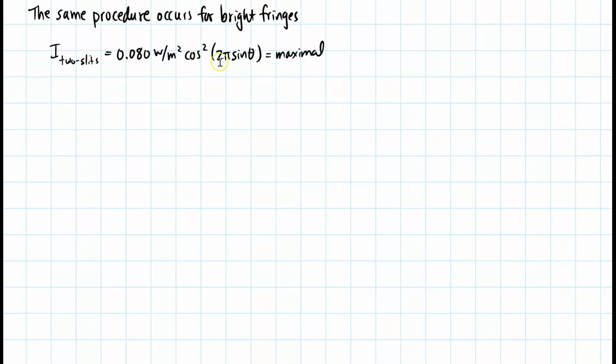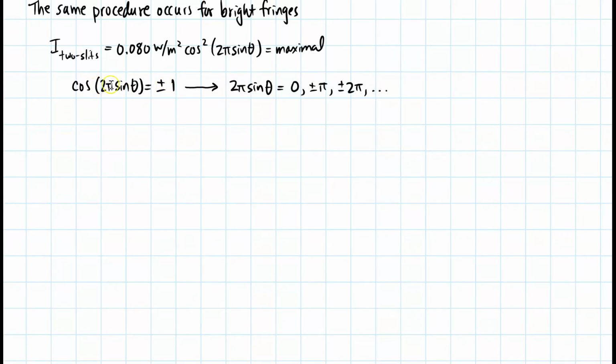The intensity equation, cosine squared, has to be maximal in order to have a peak intensity. Cosine is maximal at plus or minus 1. The only way this could be true here is if the argument is multiples of pi. So therefore 2 pi sine theta must be 0, pi, 2 pi, 3 pi, etc., which we could summarize as plus or minus MC pi.